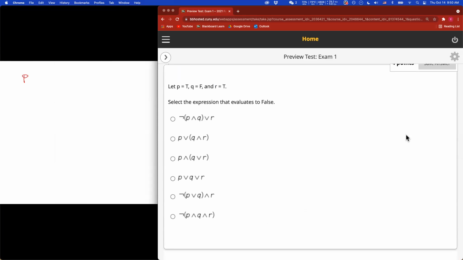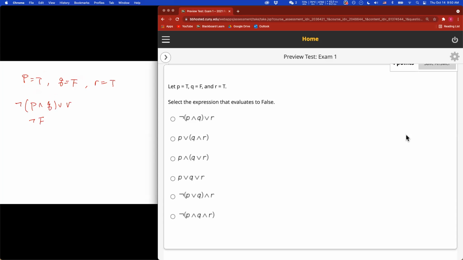So here you have P is true, Q is false, and R is true. Now you want to find which of the following expressions is false. If you look at the first one, you have negation of (P and Q) or R. P and Q, you have true and false, so you have false here.